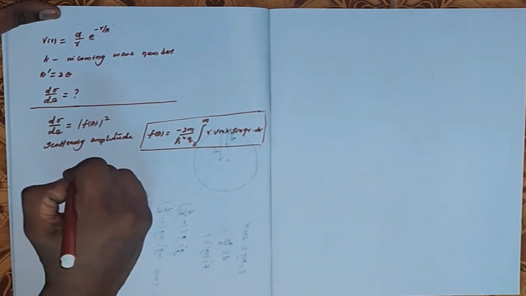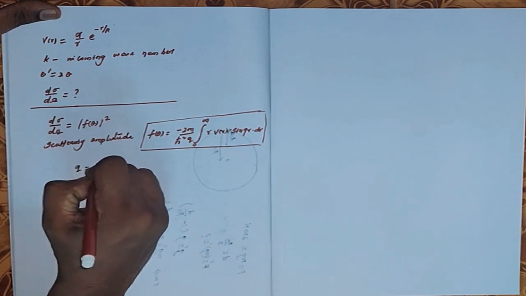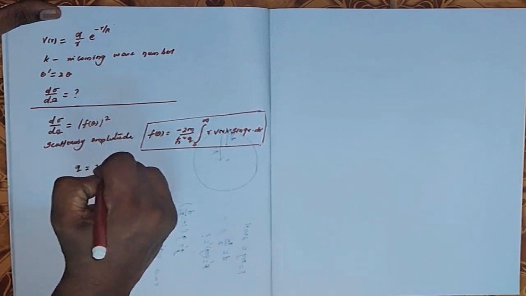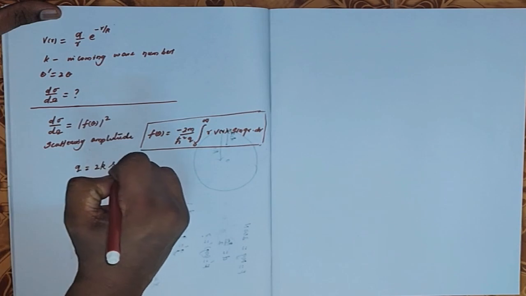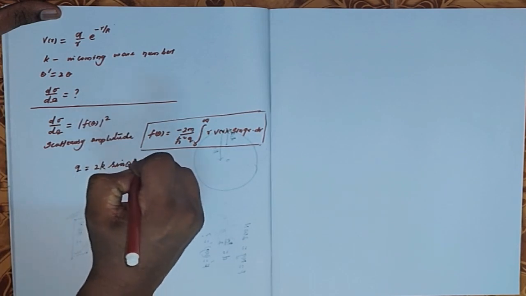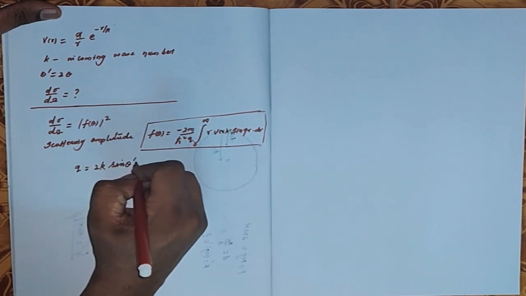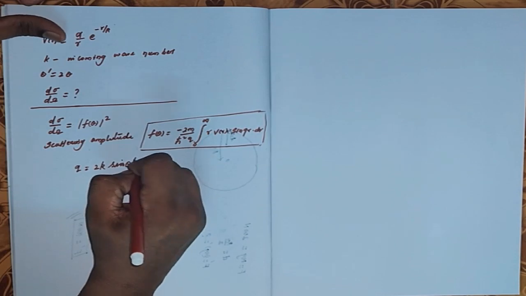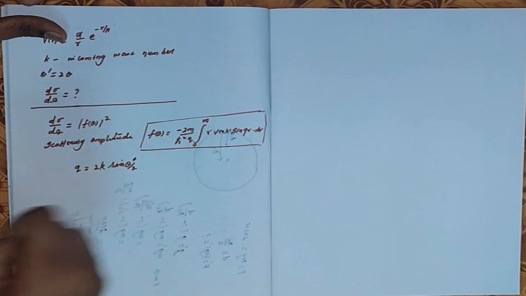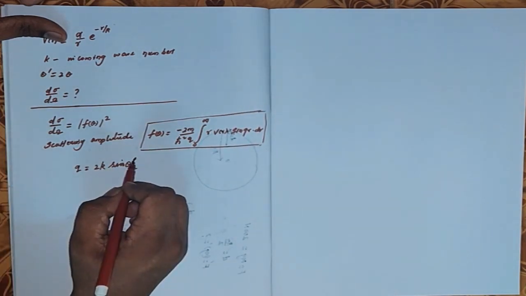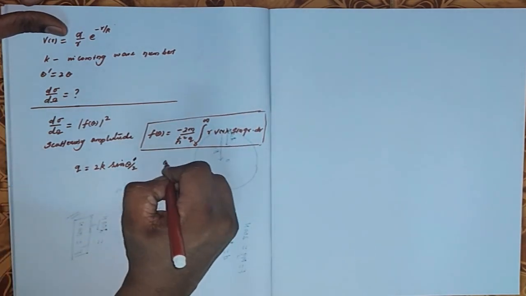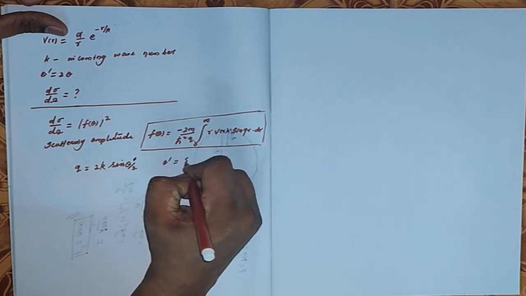Here q is equal to 2 times the wave number of the incoming particle times sine of theta by 2, where theta prime is the scattering angle.